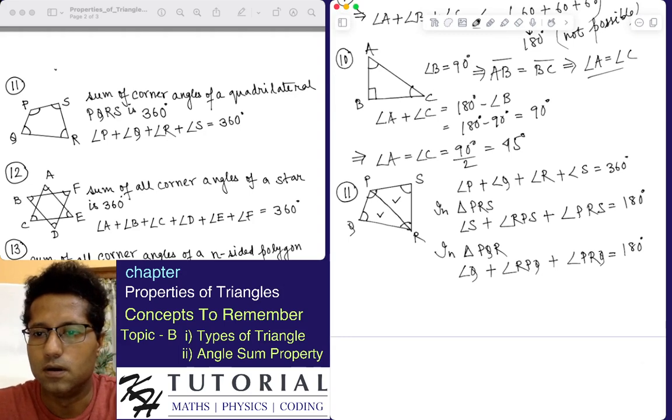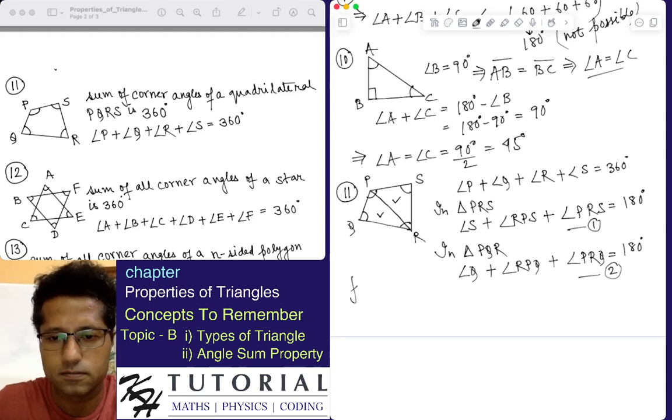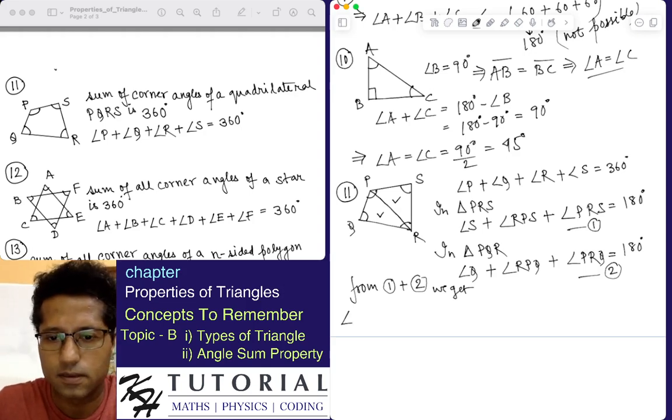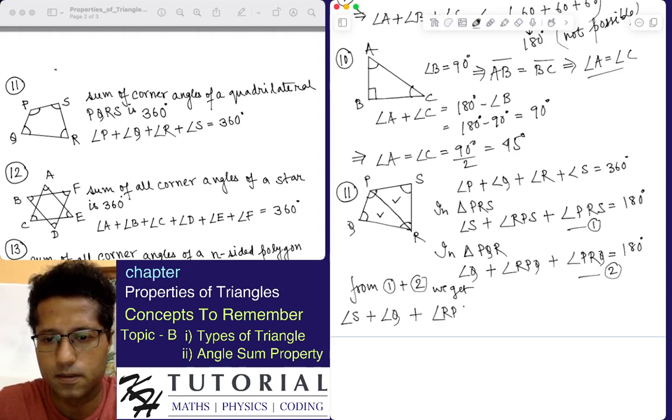Now if you add these two equations, 1 and 2, you will get angle S plus angle Q plus angle RPS.